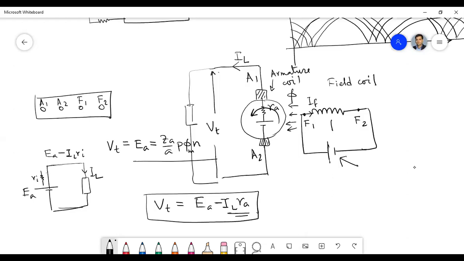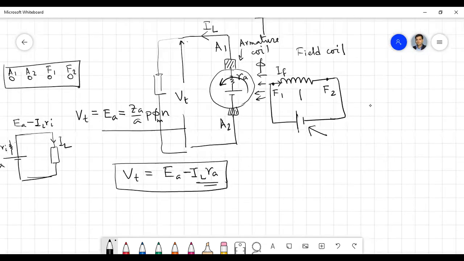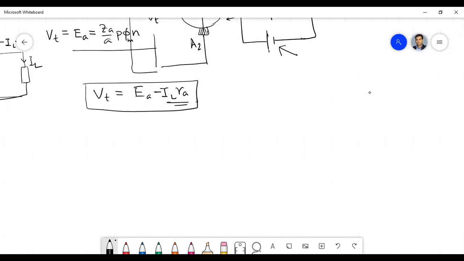Sir, if we send that voltage again to the magnetic field, then where will we get our output? No, that depends on how much impedance you have set for your field coil. How the current will be bifurcated depends on how much resistance or impedance you have kept for your field coil.